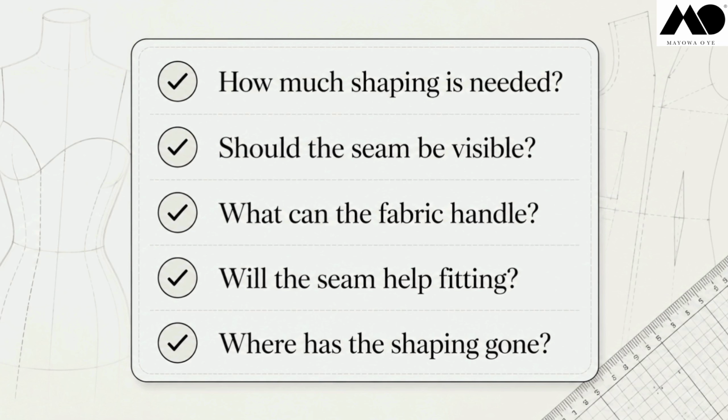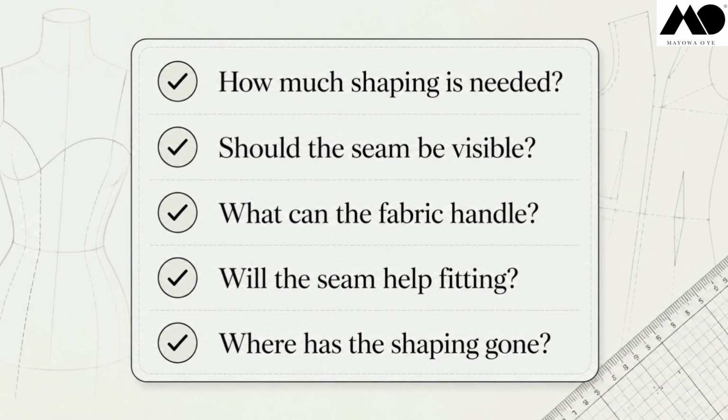And you have to think of what the body needs, what the design needs, and what the fabric can actually handle. So how do you decide? Here is a simple checklist you can use. Number one, how much shaping does the garment need? If the garment is simple and focused, a dart is enough.